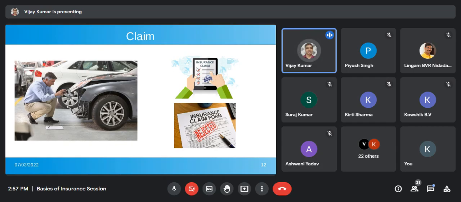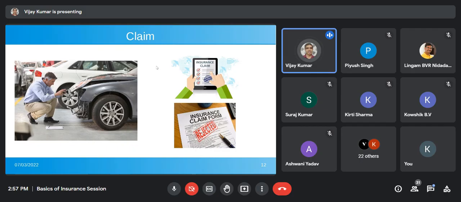Then the insurance company takes that first notice of loss and verifies it against the policy document which you had executed, and then decides whether this claim should be approved or rejected based on the information they get out of your policy contract. So it's just a starting process for your claim.